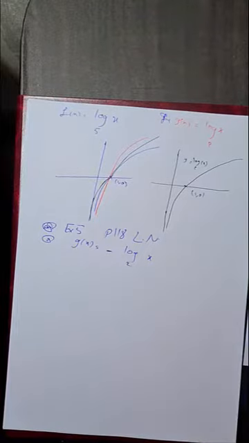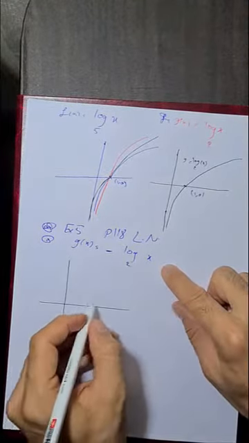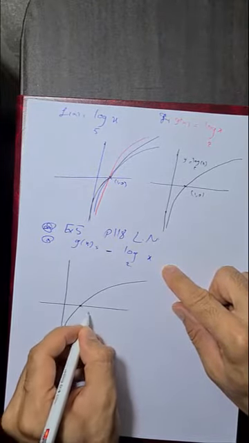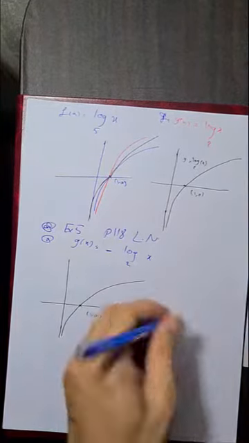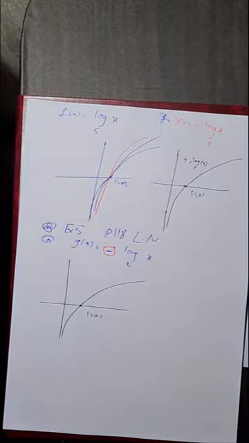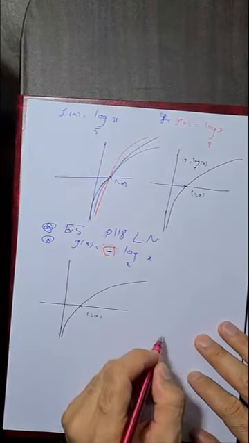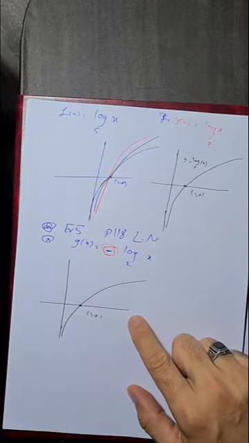First of all, before you sketch the required graph, please sketch the original one that has the point 1 and 0. Do not forget this is the outside minus, and you know the outside minus means reflection. The reflection is with which axis?